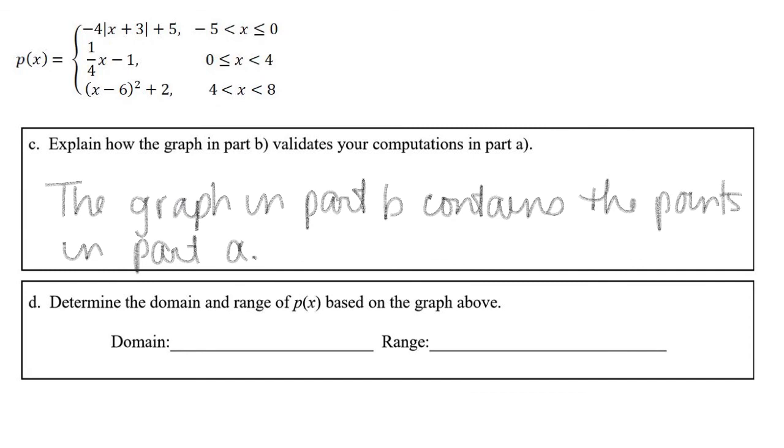Again, I just want you to realize that all of this notation, you are finding points on the graph. Now the last part, you need to state the domain and the range.